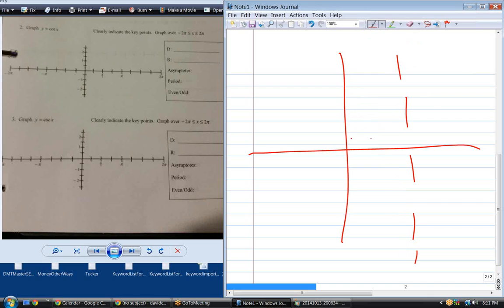And secant sits there, and cosecant sits there. So that's one way to remember it: the co, not the cosine, but the cotangent and the cosecant sit immediately to the right of the y-axis, whereas the tangent and the secant straddle the y-axis.